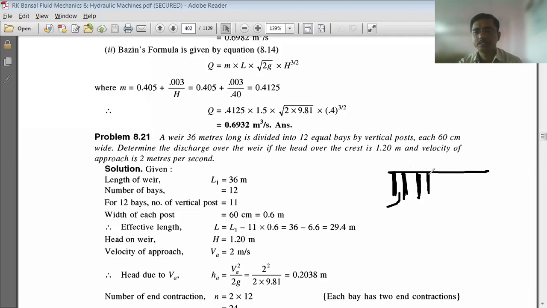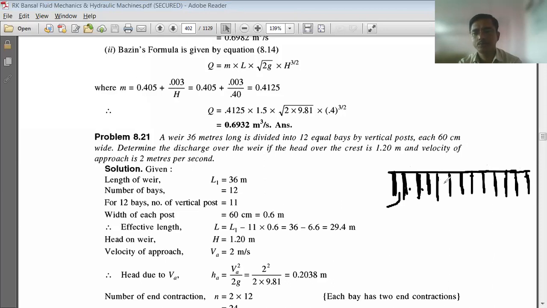How many bays are there here? 12. 1, 2, 3, 4, 5, 6, 7, 8, 9, 10, 11 and 12. Count it.